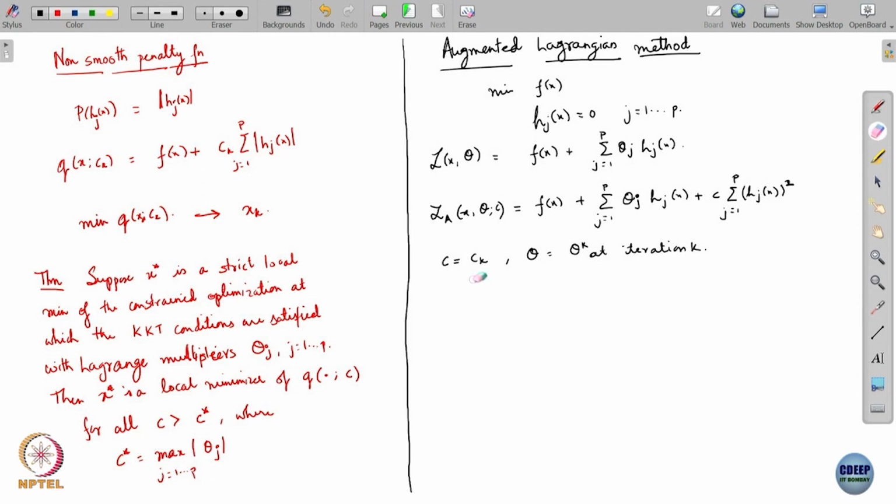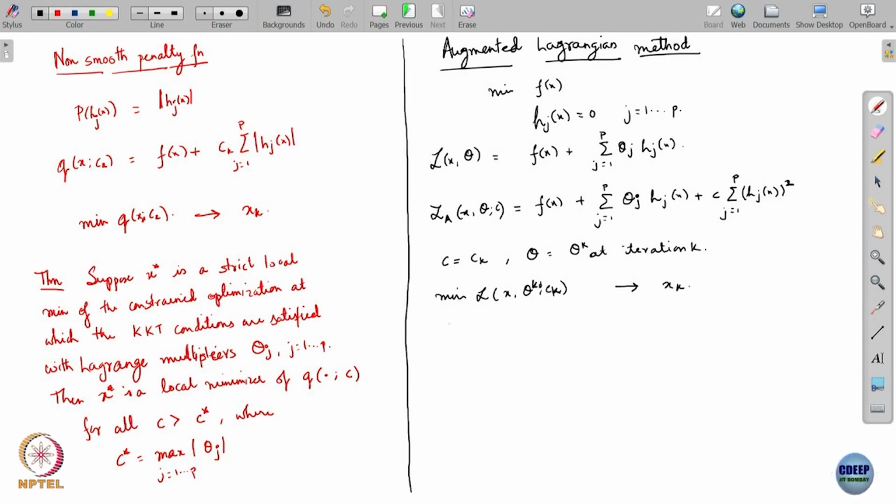So, you minimize L of x comma theta k given C k, right. You minimize this, and by minimizing this you get x k.